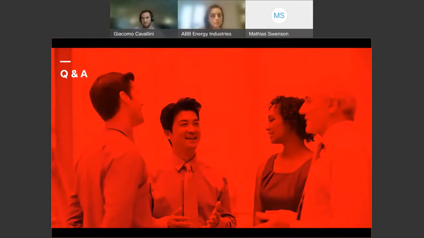Thanks. Then we continue with a question about the simulation models. On which platforms are the simulation models built, and how is the integration done between the models and the DCS? Good question. As said before, I was illustrating the slide with all the different tools that are used in the market: PSSE, PowerFactory, and so on.